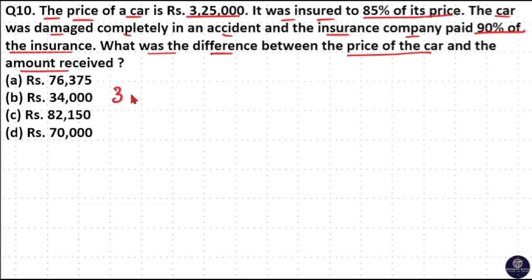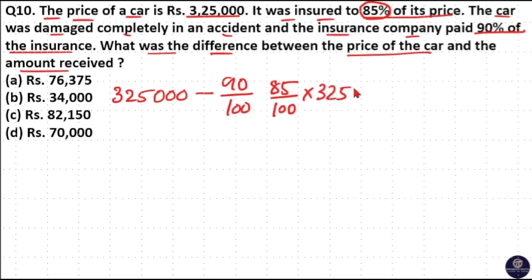Here, the price of the car is 3,25,000 and the amount received is 90% of the insurance. The insurance is 85% of its price. That is, the amount received is 90% of 85% of the price.